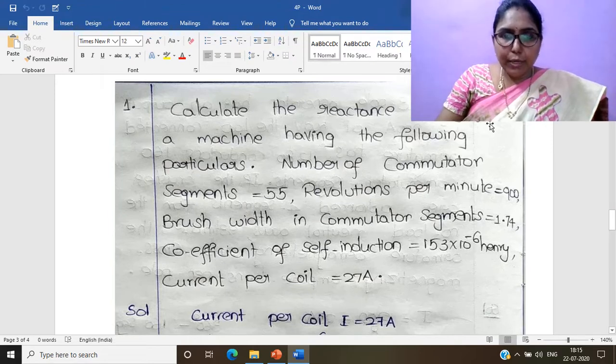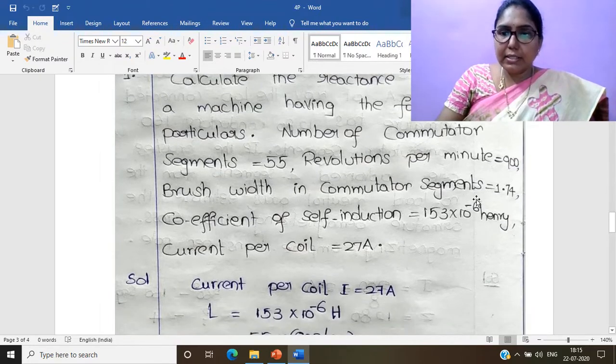Calculate the reactance voltage for a machine having the following particulars. Number of commutator segments is 55, revolutions per minute equal to 900, and the brush width in commutator segments is 1.74. Coefficient of self-inductance is 153 into 10 power minus 6 henries, and current per coil is 27 amperes. This is the data given.